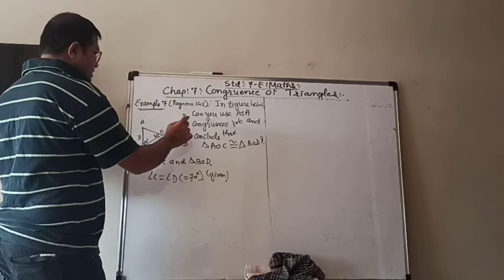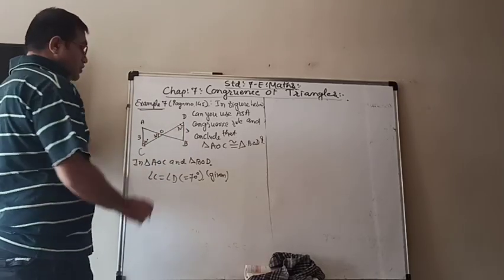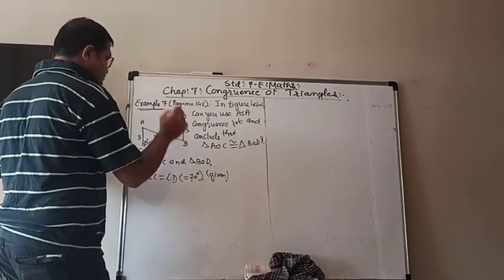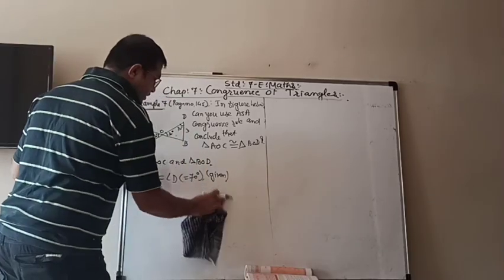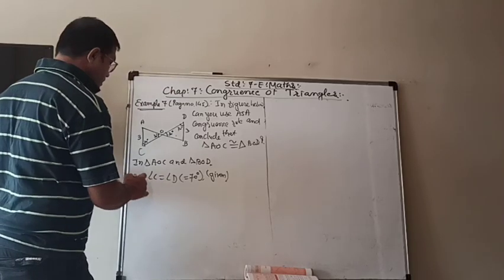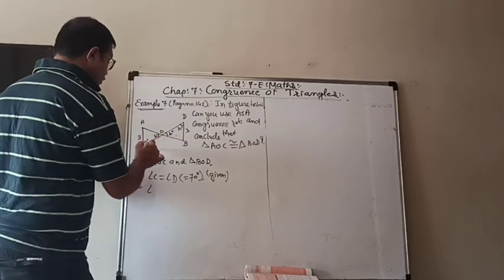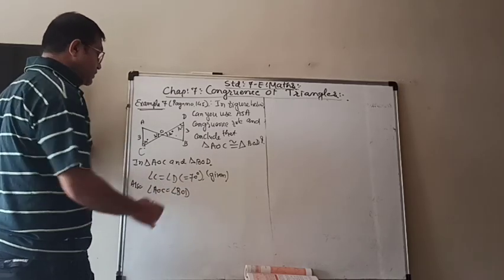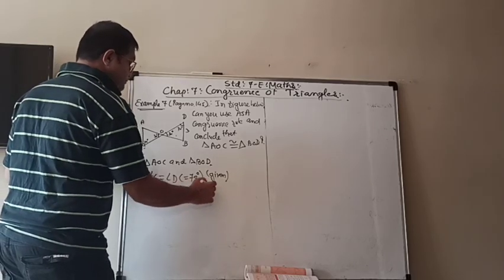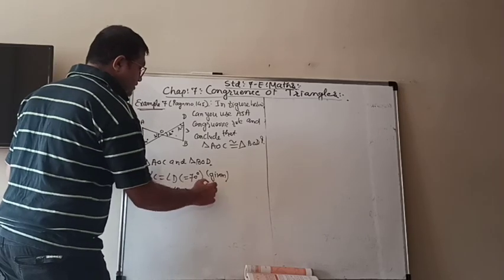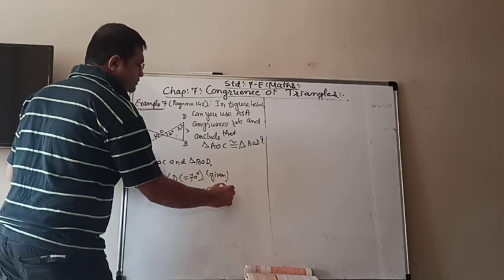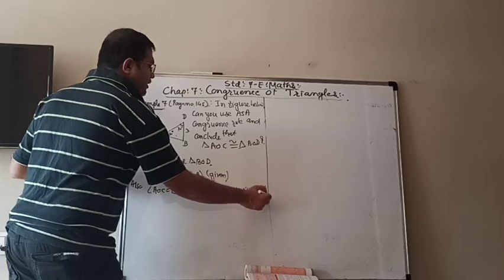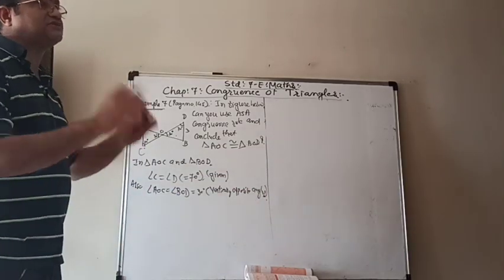So here you can see that AB and CD cross at point O. So angle AOC and angle BOD will be the same, 30 degrees. So we can write that also angle AOC is equal to angle BOD, because they are vertically opposite angles, and we learn that vertically opposite angles are always of equal measure.